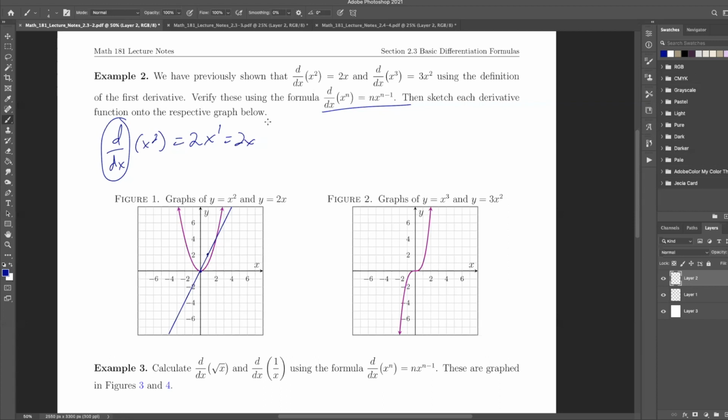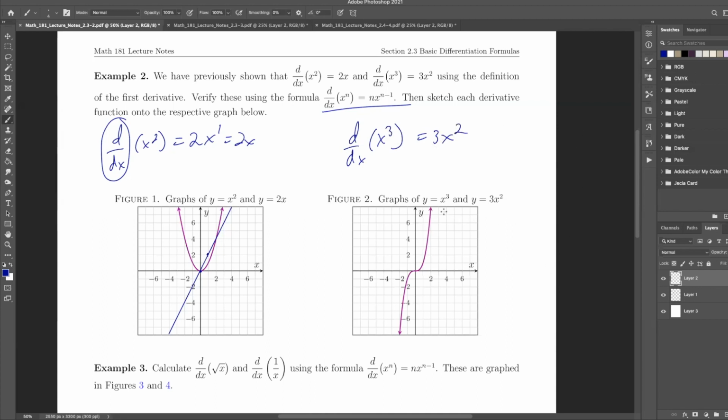So here, we can draw in the derivative. Here, we have x cubed. We just used our formula, so d/dx of x cubed. So using this formula here, we just drop down the 3 and take 3 minus 1, which is 2.